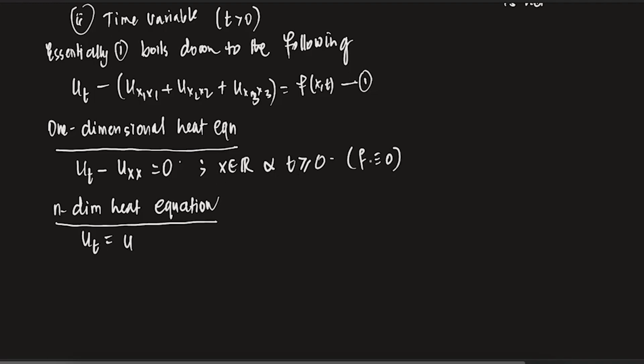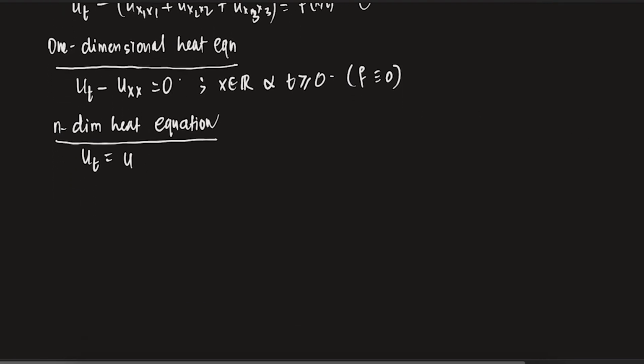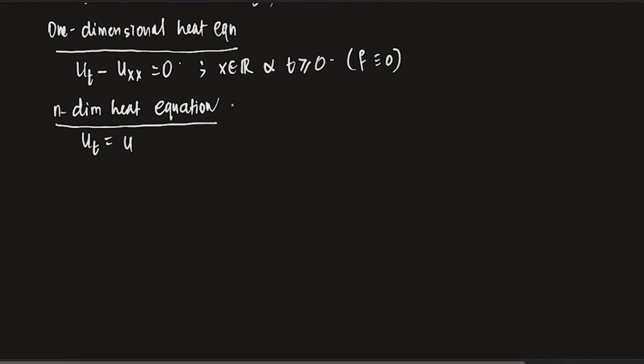If you do not have a homogeneous problem, there is an f, and in that case you just add f. Clear? So that is your n dimensional heat equation. It's very easy.